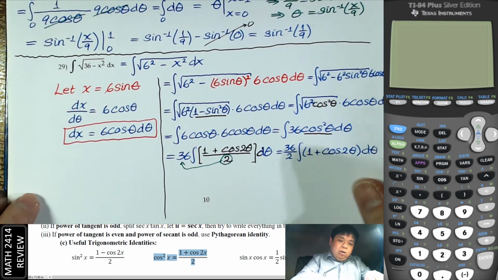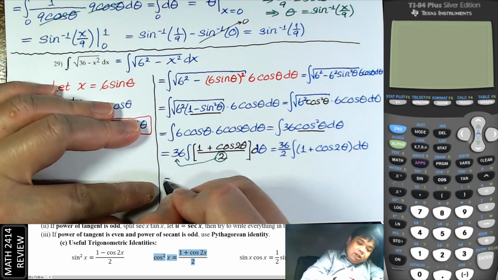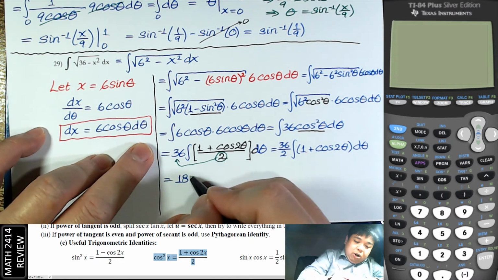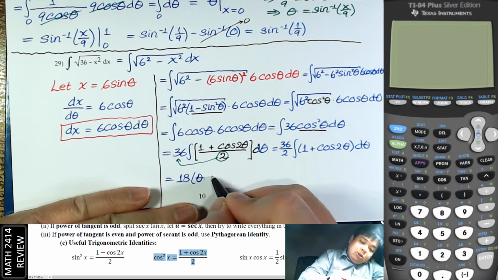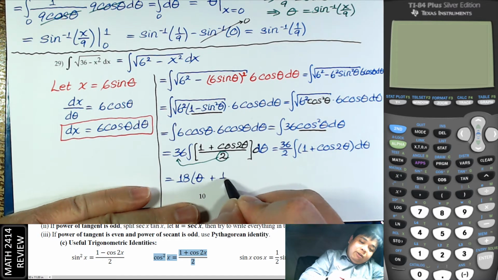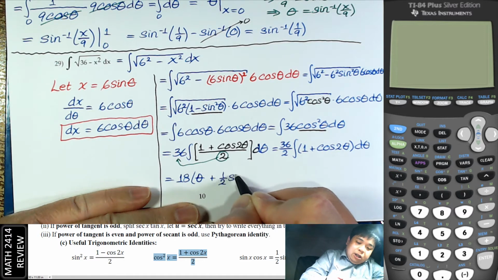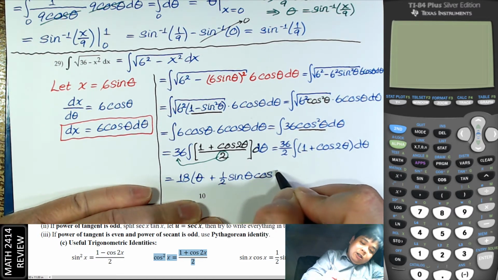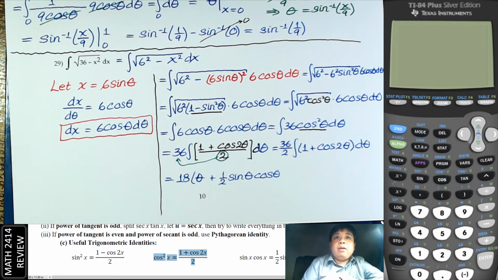Integral of this, by the way, 36 over 2 is 18. Integral of 1 is theta. Integral of cosine 2 theta is 1/2 sine theta cosine theta.